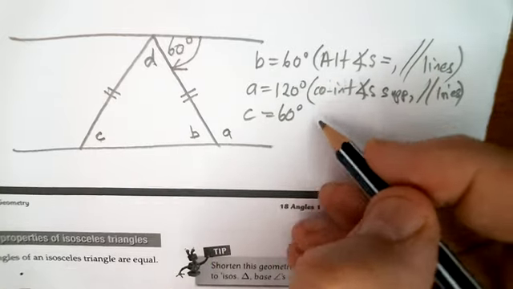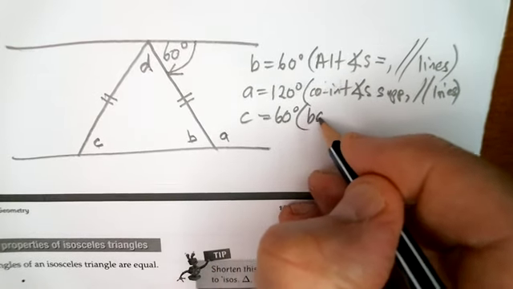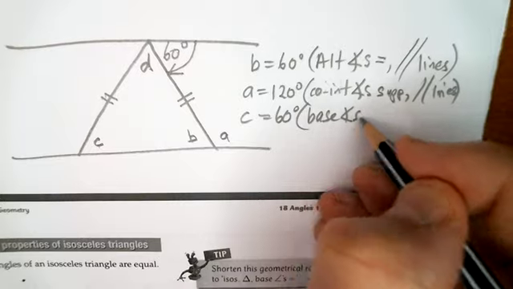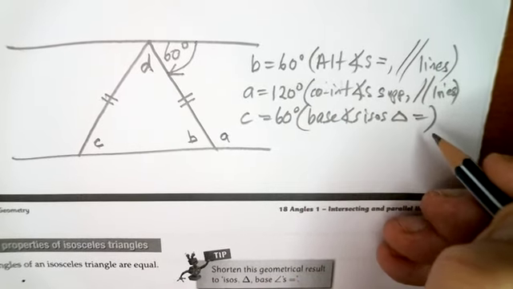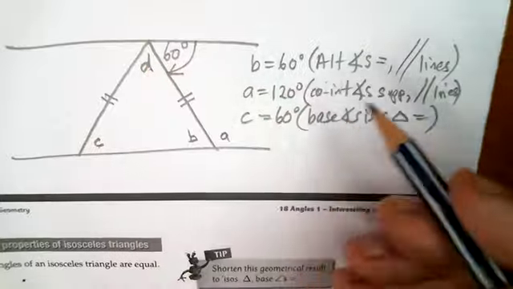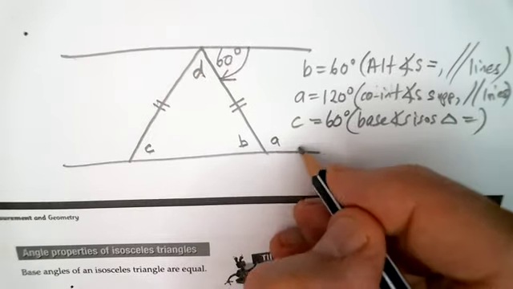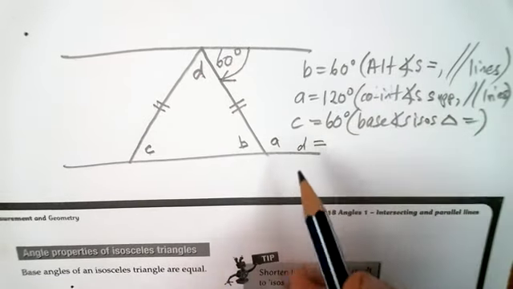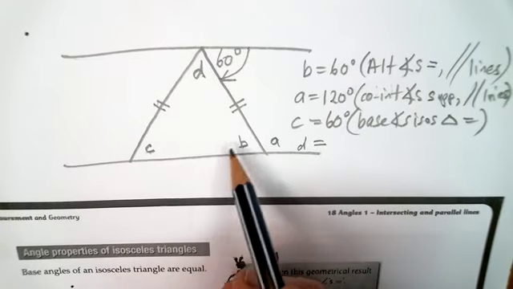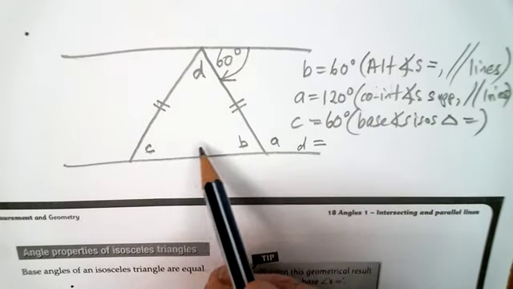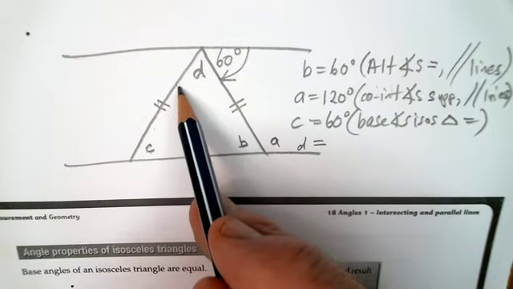And now we can say base angles isosceles triangle equal. And of course, we know what D is. D is equal to, well, we know that these two, B and C, together are 120. These are 60 and 60. So D must also be 60.